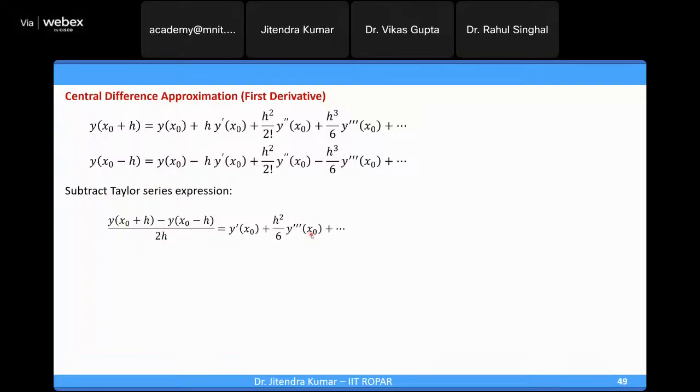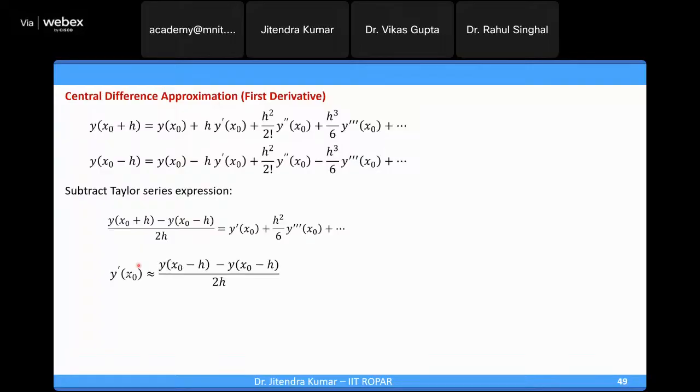So when you subtract, this will become 2h y prime, and then you can divide by 2h, and this is the expression for the first derivative. Now you see you have a higher order term coming up here, not just the first order term, which was the case earlier in both formulas, but now a second order term.